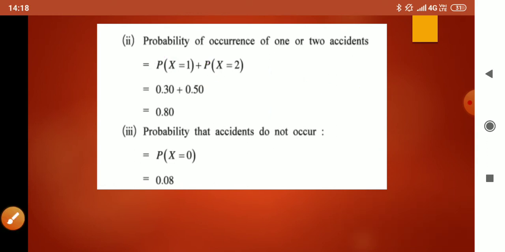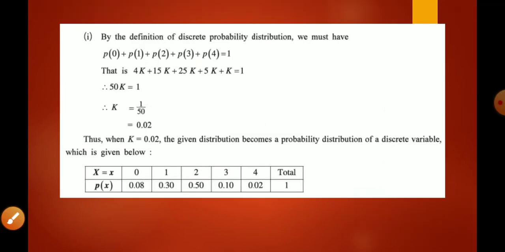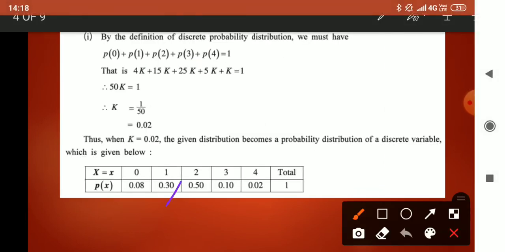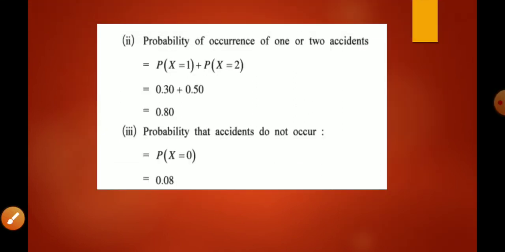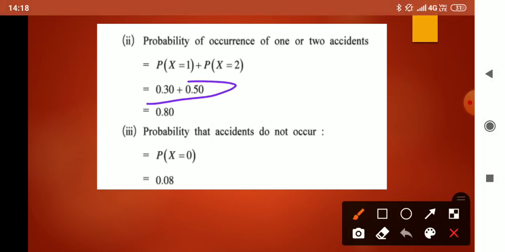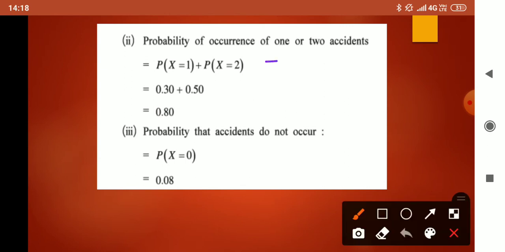So P1 we have already found, P1 equals 0.30 and P2 equals 0.50. So we keep these values 0.30 and 0.50 here, and I get the answer 0.80. So the probability of occurrence of 1 or 2 accidents is 0.80.